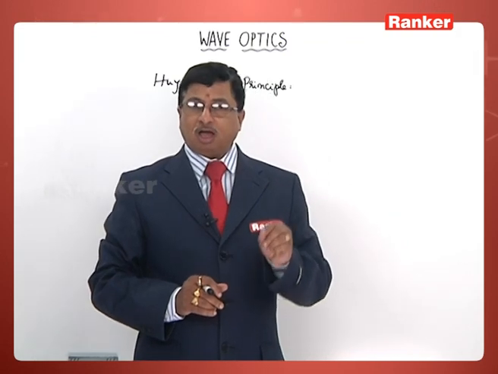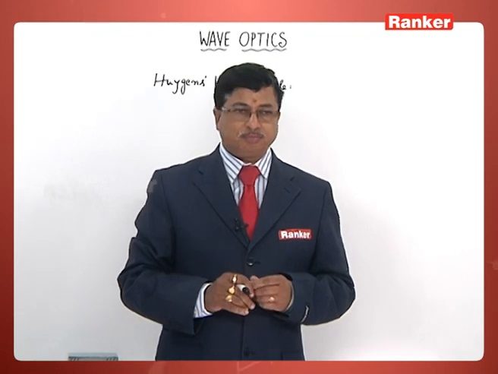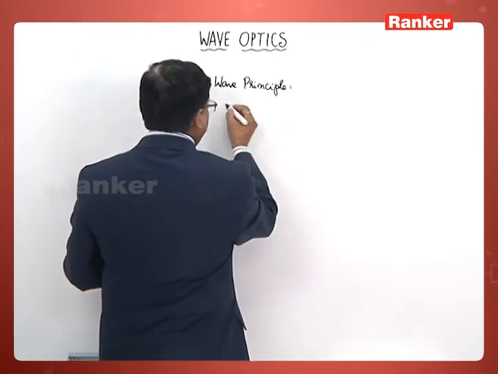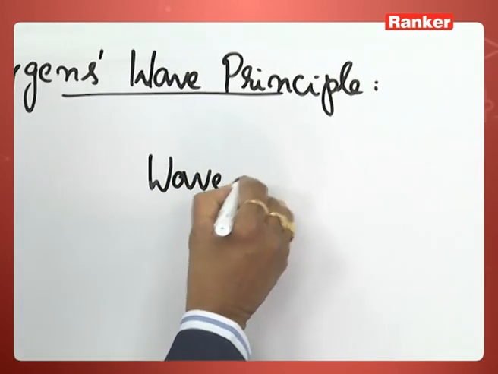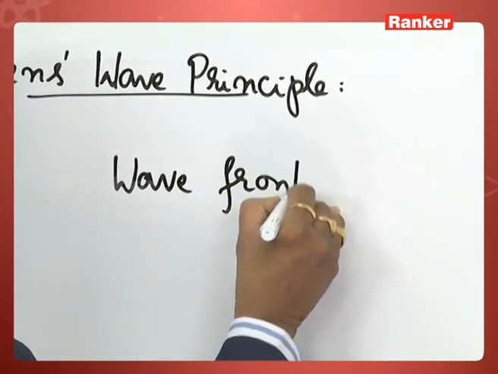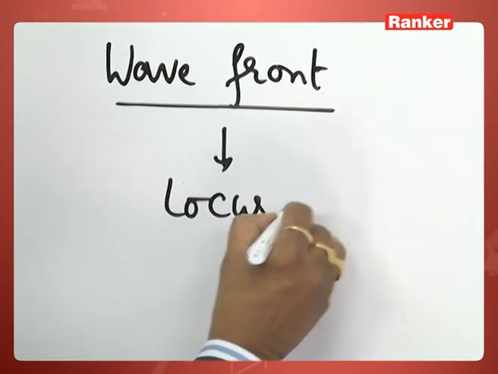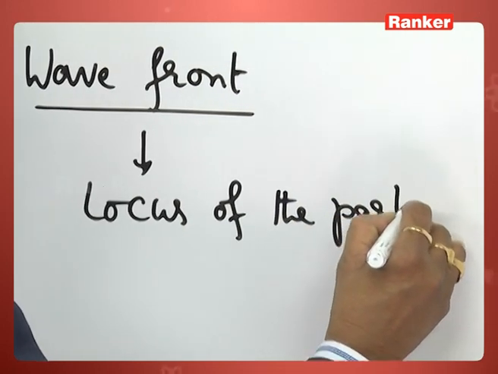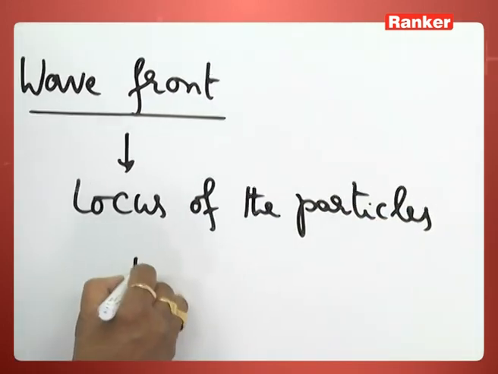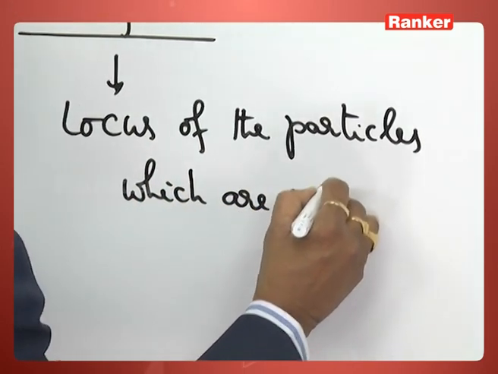Every particle on the primary wavefront, that is the first concept. What do you mean by wavefront here? Generally, we need to know wavefront is nothing other than the locus of the particles which are in the same phase.